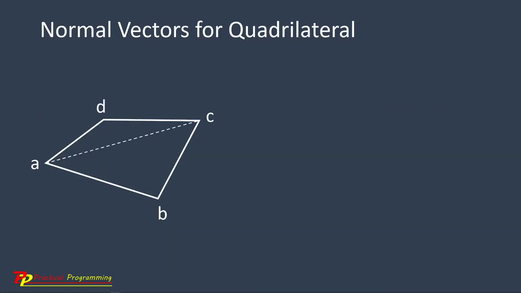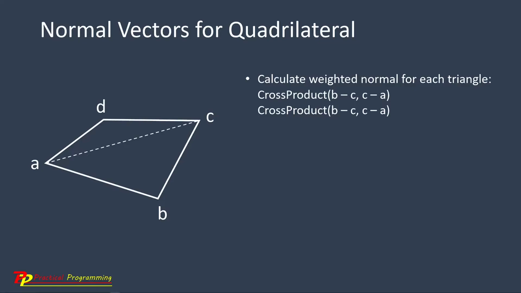For a general quadrilateral ABCD, its four vertices may not be in the same plane. We can divide it into two triangles, ABC and CDA. We can calculate its surface normals in two steps. First, we calculate the weighted normal for each triangle, which is weighted by the area of that triangle.